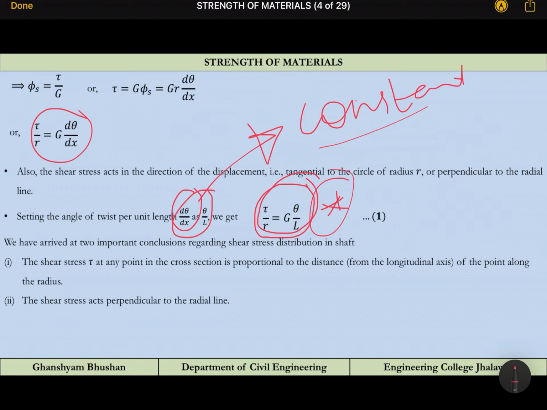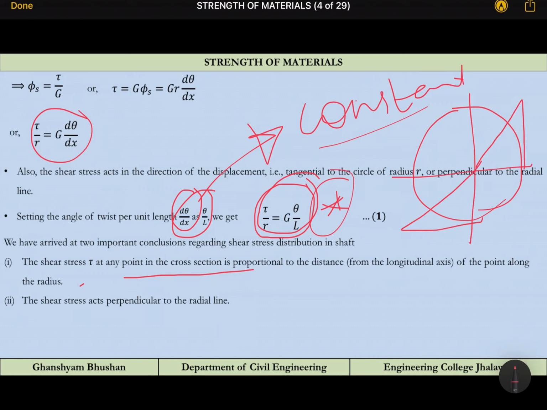Now we have arrived at two important conclusions regarding shear stress distribution in a shaft. First, the shear stress tau at any point in the cross section is proportional to the distance of the point along the radius. So if this is the shaft, tau is going to be a linear variation with respect to r.